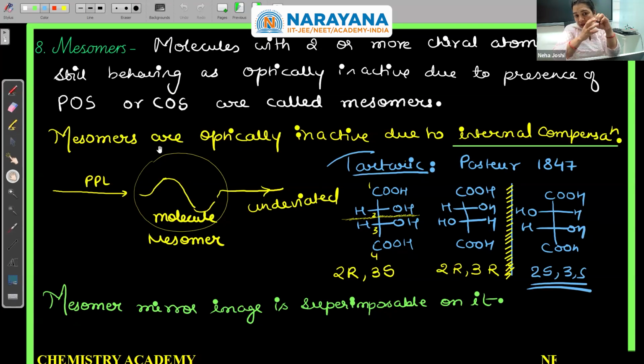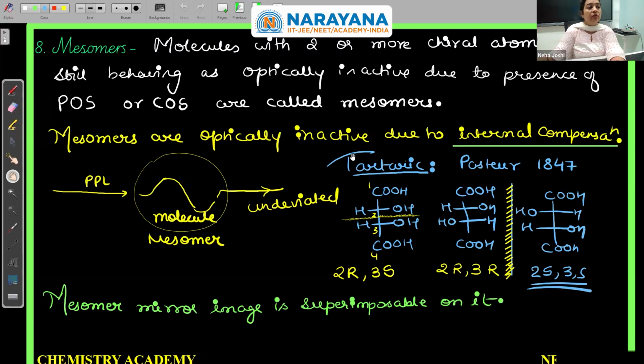One set of atoms in a molecule generates some rotation, and internally the other set of atoms within the same molecule brings the effect back to zero. So mesomers are optically inactive due to internal compensation. Is that absolutely clear?